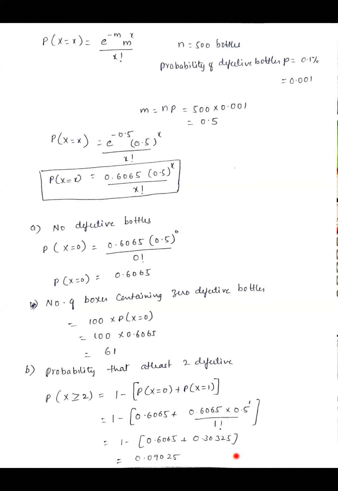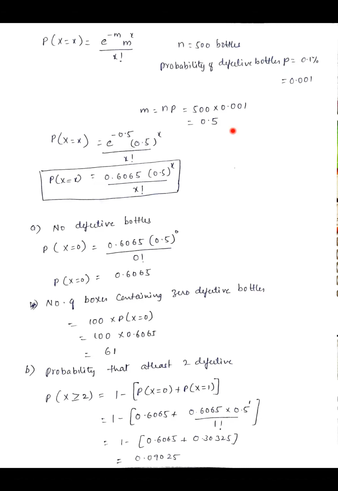Here n = 500 bottles, and the probability of defective bottles p = 0.1%, that means 0.1 divided by 100, that is 0.001. Initially you have to calculate the mean value m = np. You know n and you know the probability of success, so you get 0.5. That means m is 0.5.